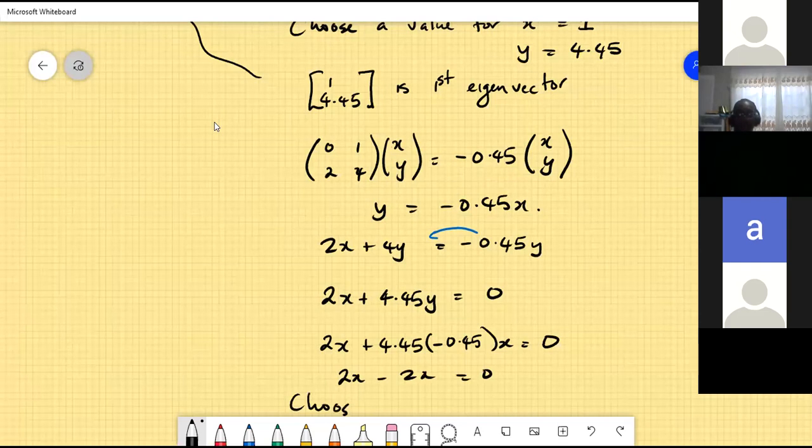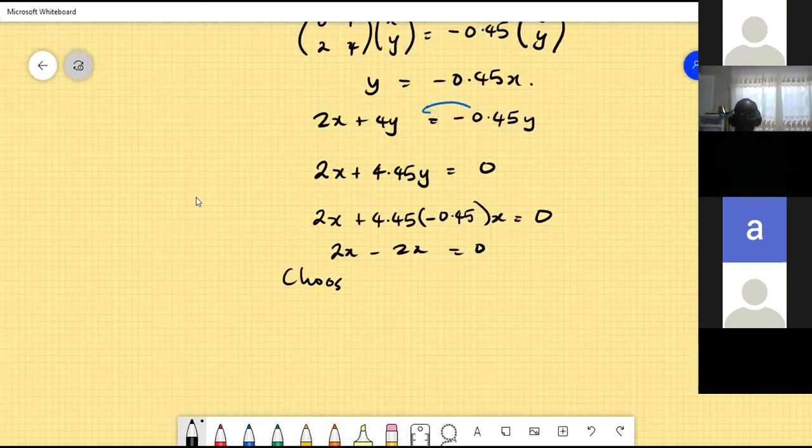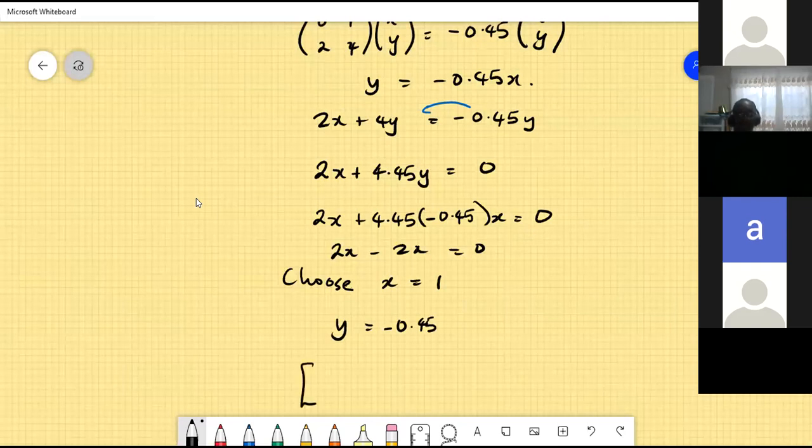Again, that's a trivial equation. So we're going to choose x equal 1. Any value can work. We'll choose x equal 2, 3, 4, 5, 6. Doesn't matter. So y is going to be equal to negative 0.45. So the second eigenvector is 1, negative 0.45.